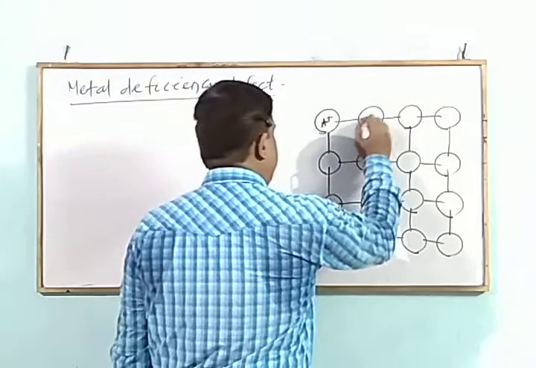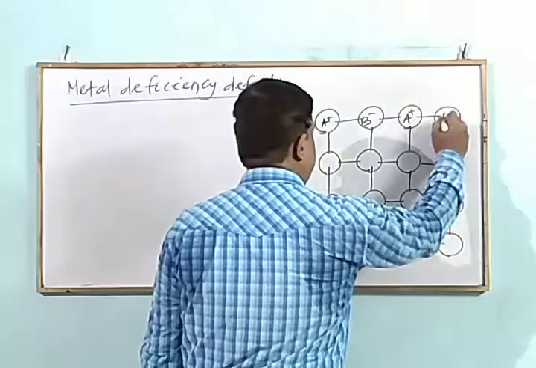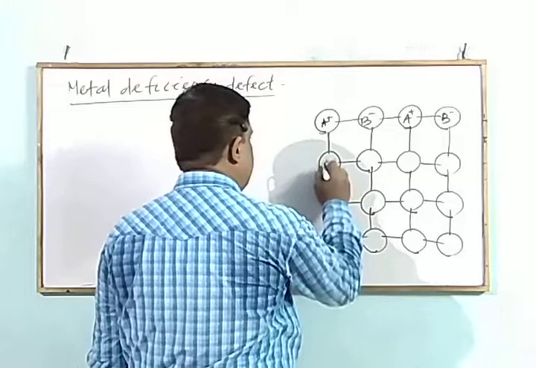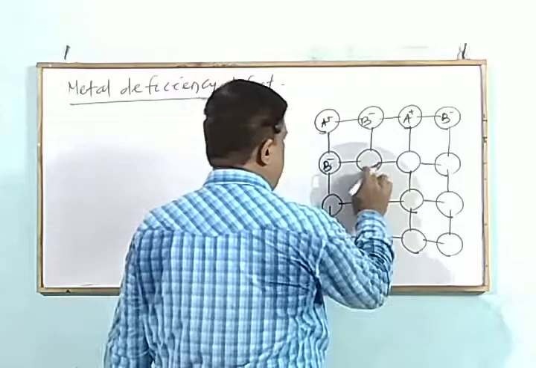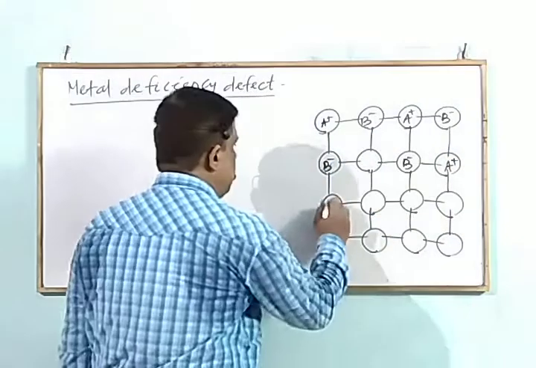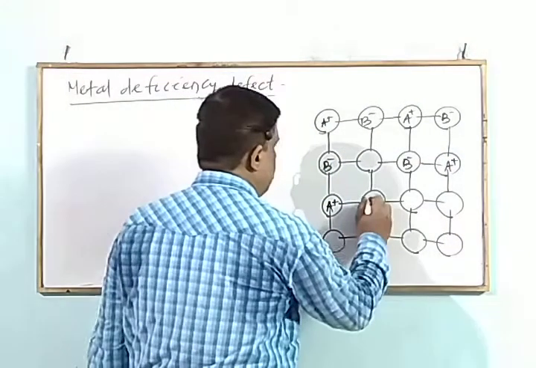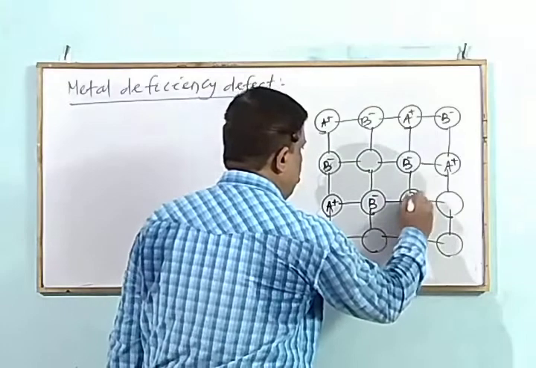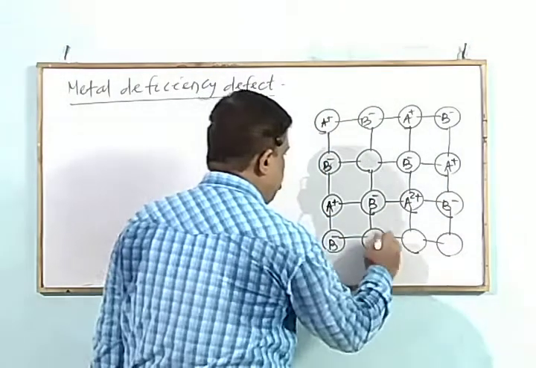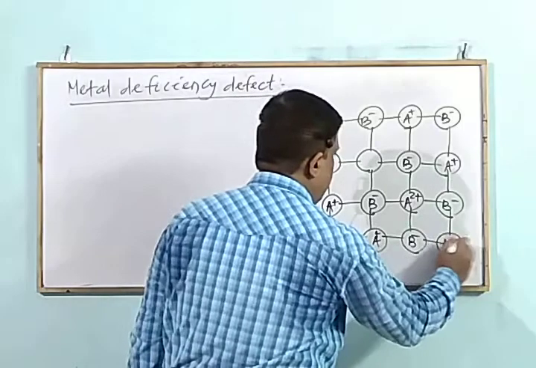A plus, B minus, A plus, B minus, that is B minus, A plus is missing, B minus, A plus, this is A plus, B minus, A2 plus, B minus, B minus, A plus, B minus, A plus.